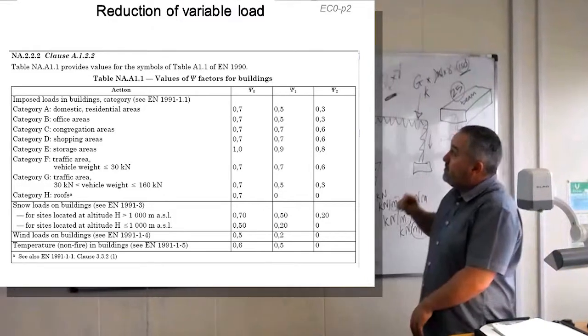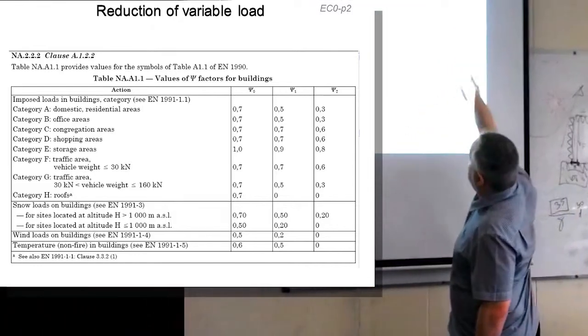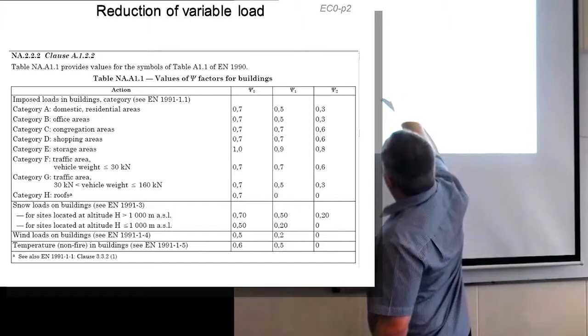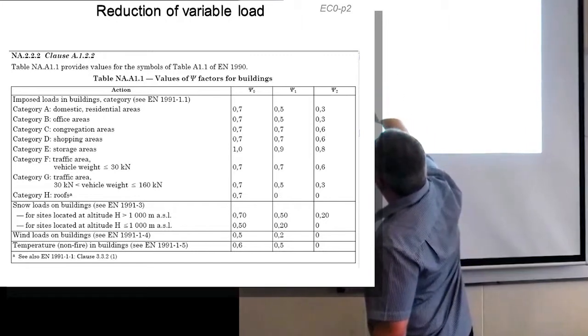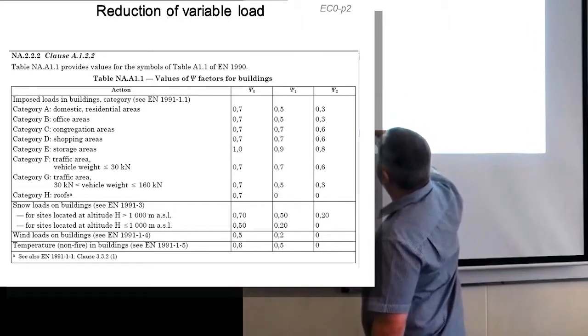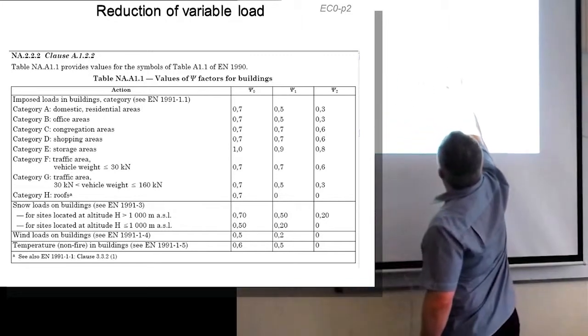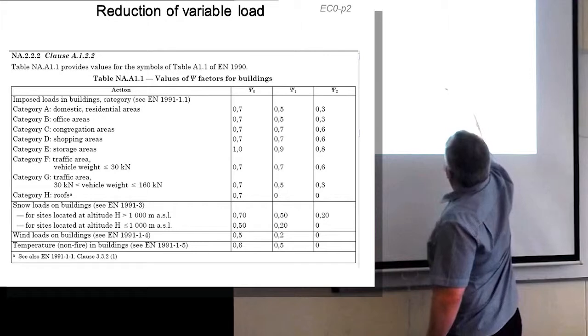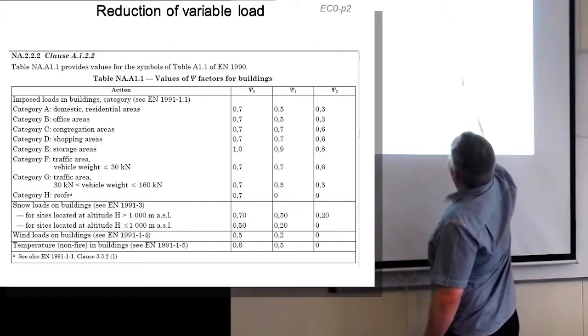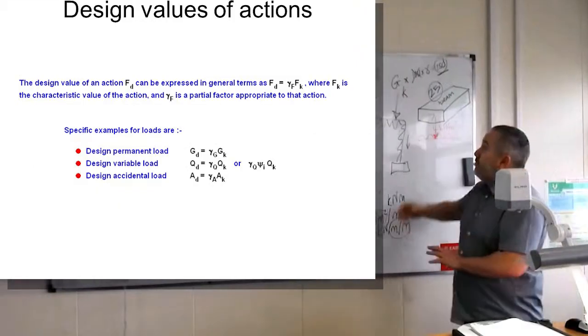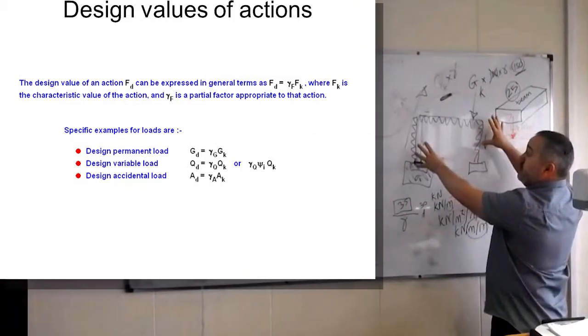They'll tell you which to use, psi 0 or psi 1, and then based upon the category, you just go down again and say we're designing for this building. Let's go for category C, congregation areas. So we'll be using a psi value. A lot of times the psi value you'll use is 0.7.